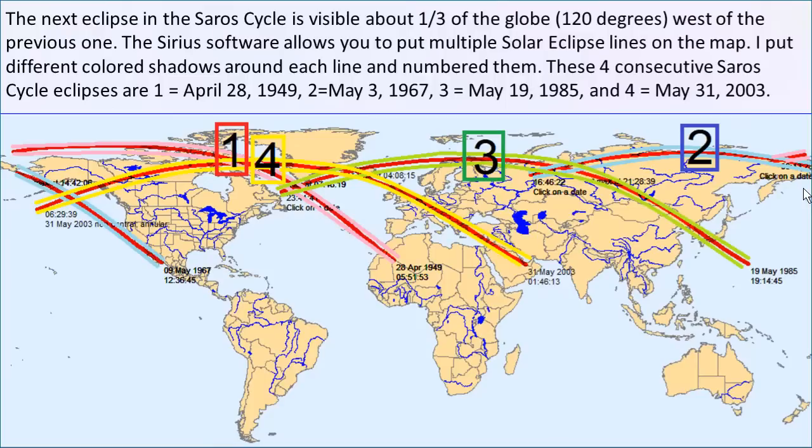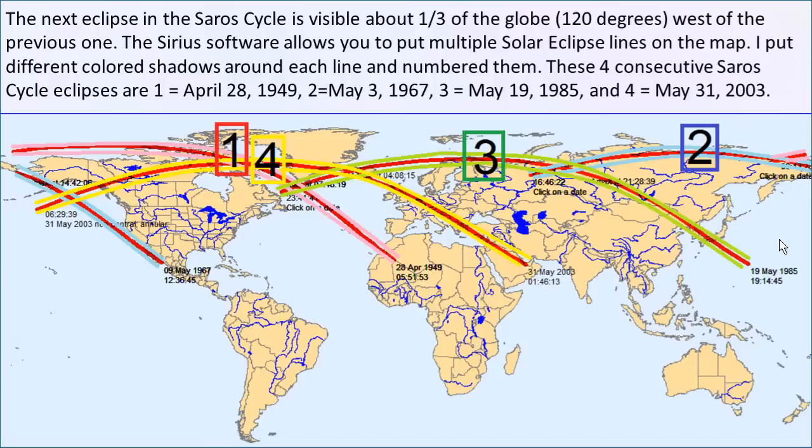And what I've shown here, from the Sirius astrology software, you can look at the solar eclipse paths, because as you no doubt know, a solar eclipse, when it occurs, is only visible in certain places in the world.